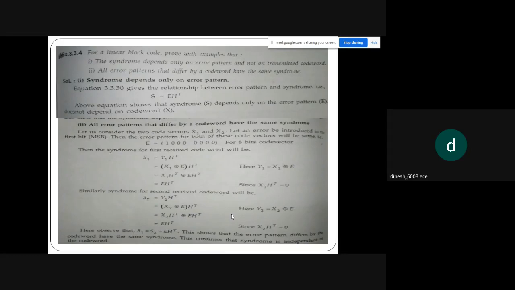For a linear block code, prove with examples that the syndrome depends only on the error pattern and not on the transmitted code word.